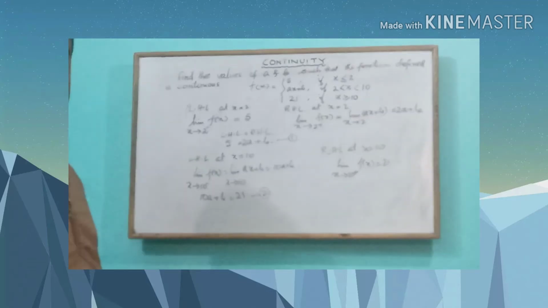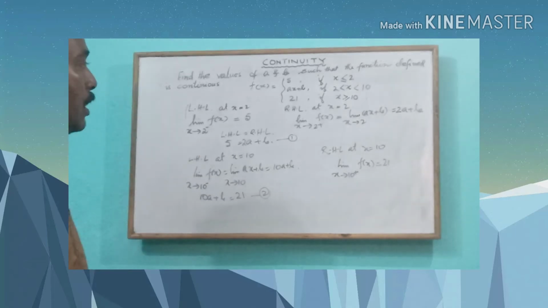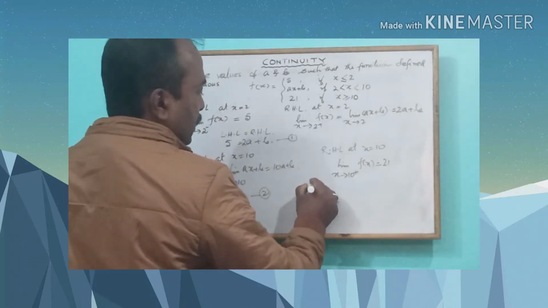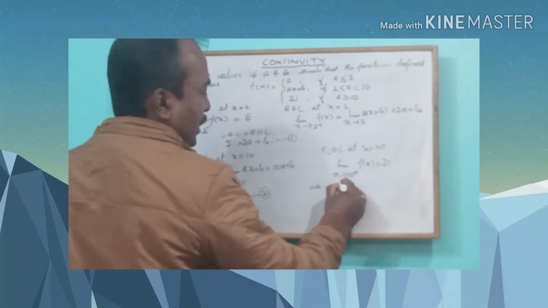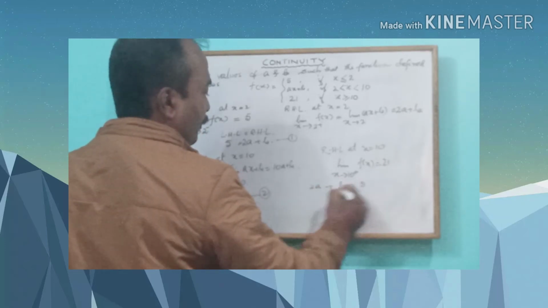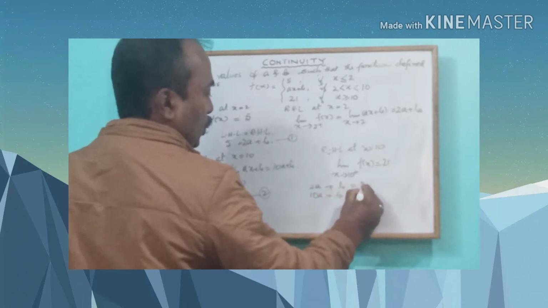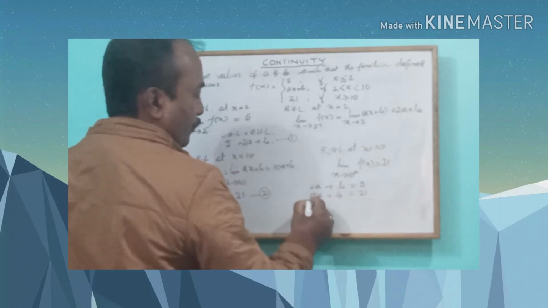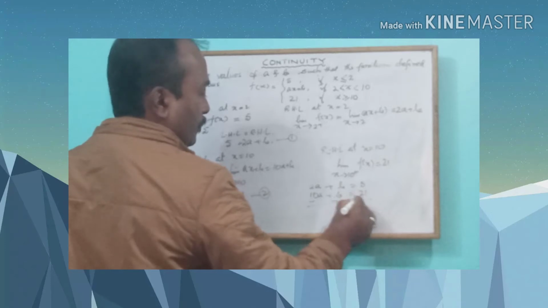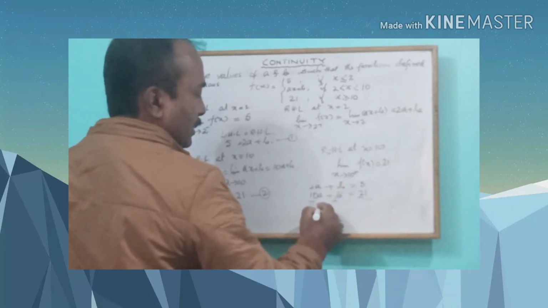Is it okay? Now we solve 1 and 2. So we get 2a plus b equal to 5 and 10a plus b equal to 21. This cancels.